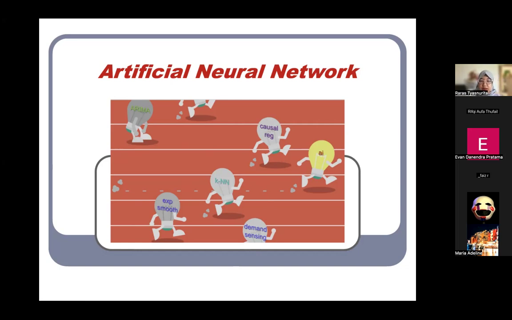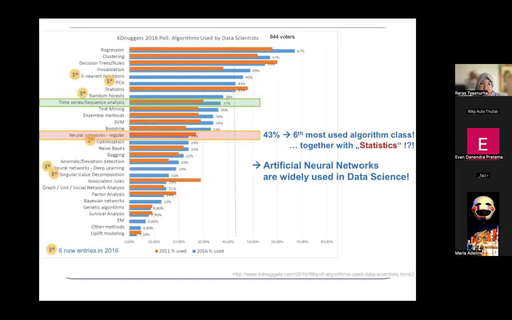Those are the terms that we will use quite a lot: artificial intelligence, machine learning, and artificial neural networks. So these three have a close connection. Right, so let's see the statistical analysis.